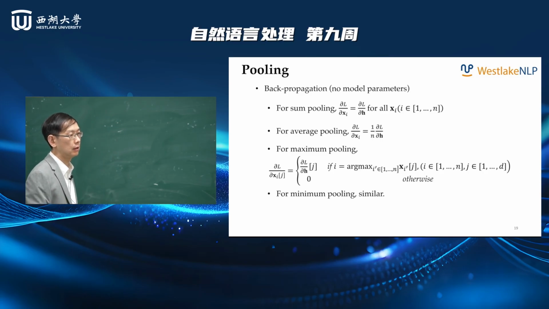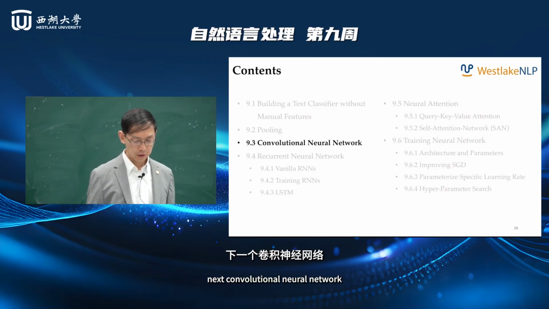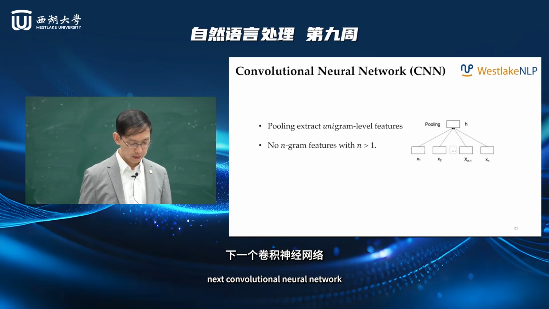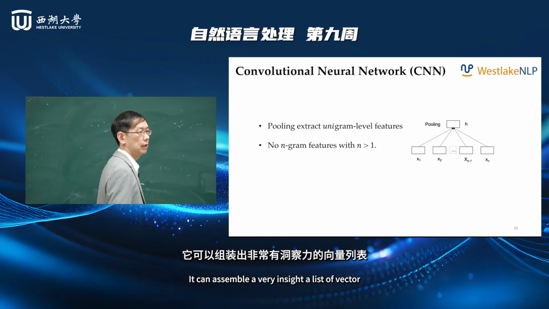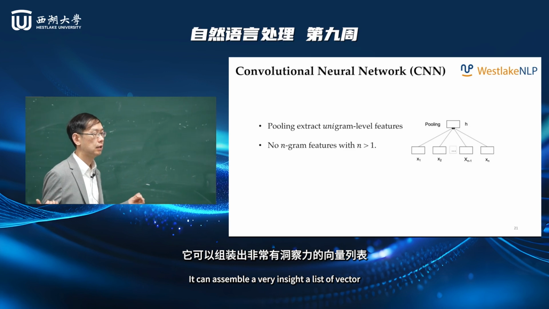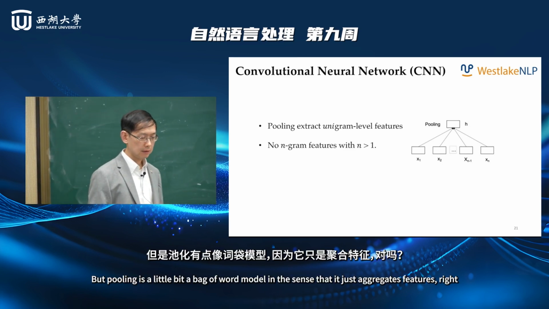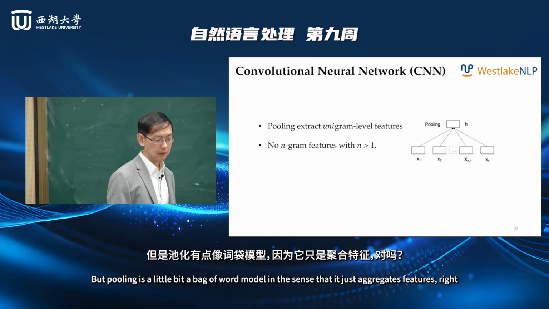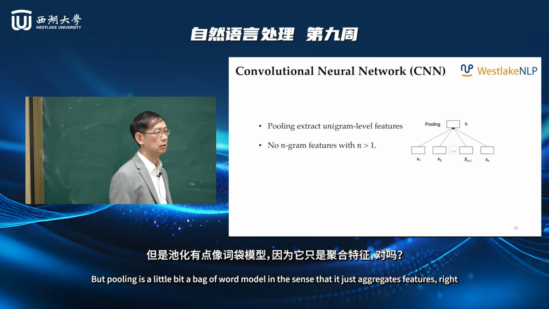All right. So next, convolutional neural network. Pooling is very simple, straightforward. It can assemble a varying size list of vectors. But pooling is a little bit like a bag of word model, in the sense that it just aggregates features.